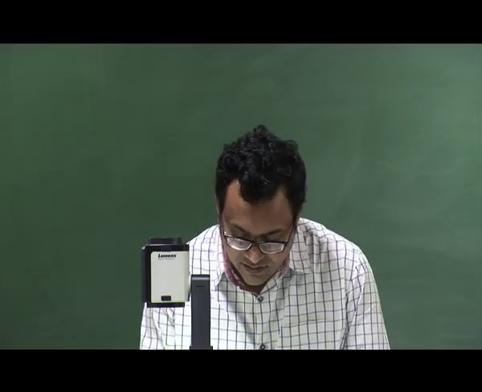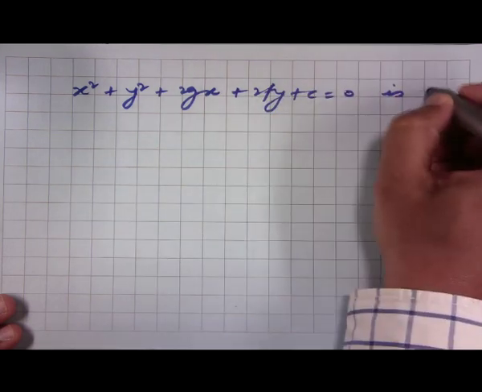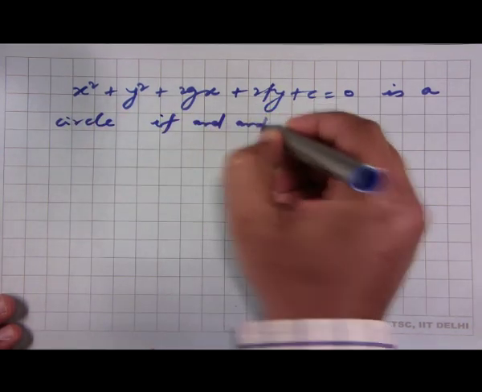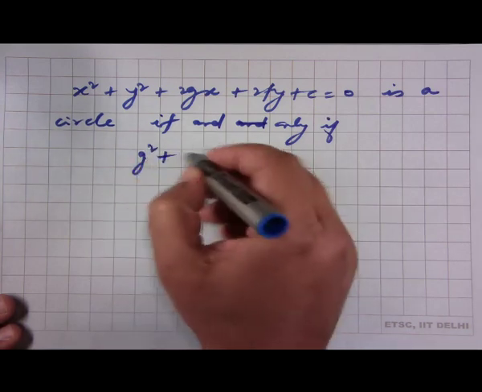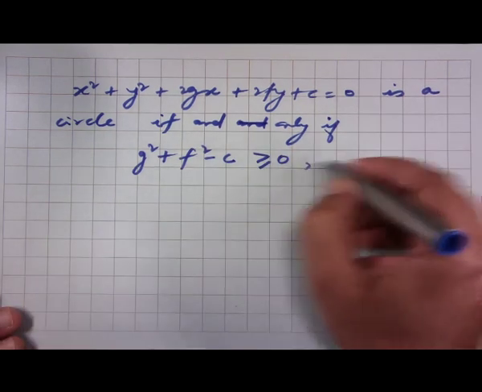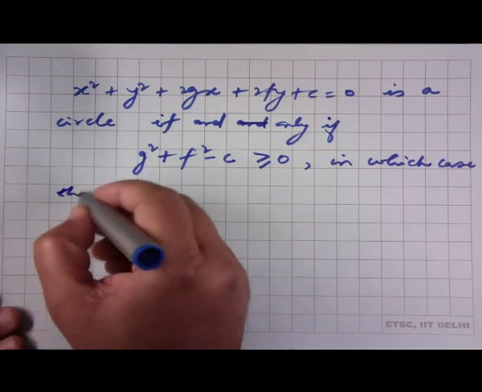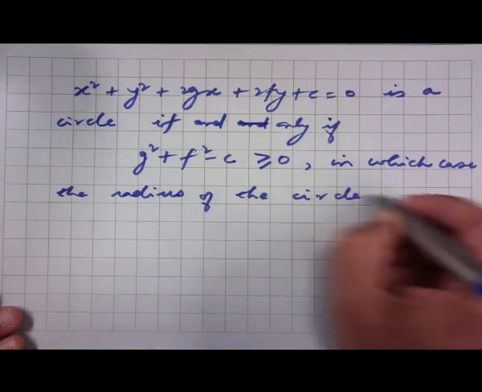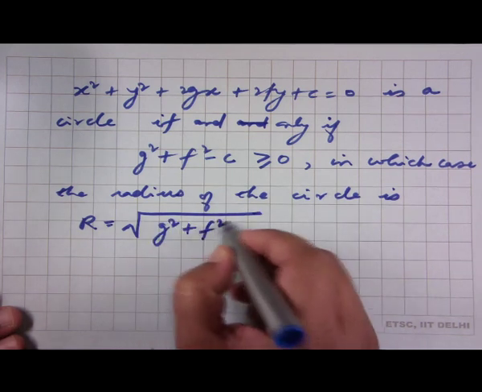And therefore, we can conclude that a general equation of this form is a circle if and only if g square plus f square minus c is non-negative, in which case the radius of the circle is r equal to the square root of g square plus f square minus c.